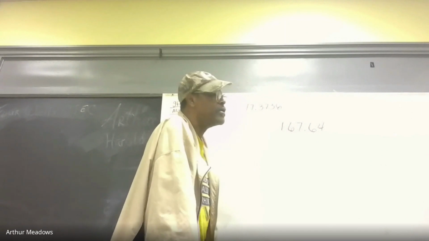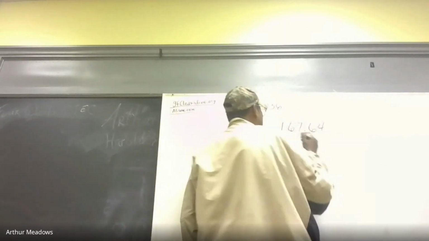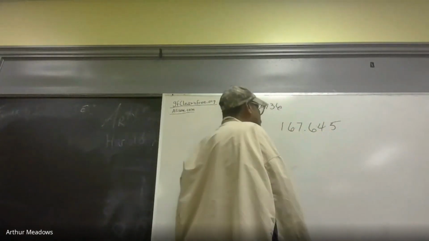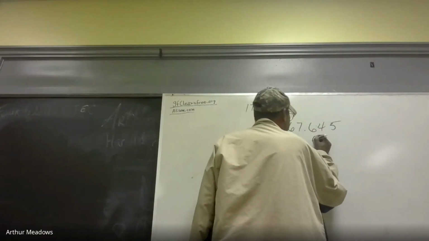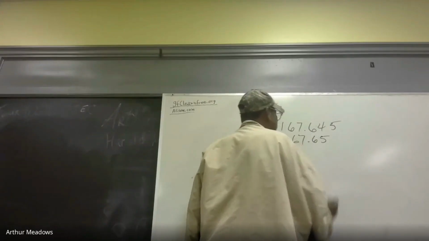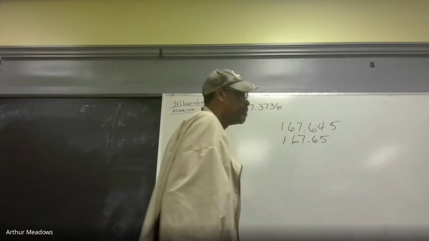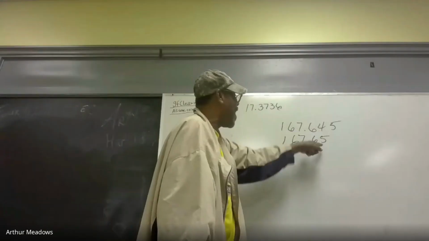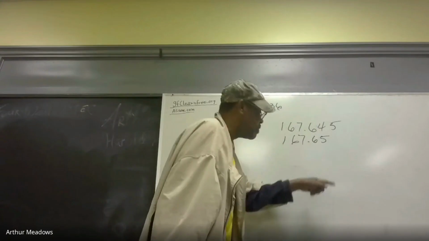You just told me that was correct. It's not another number. How are you going to round? The only way this is going to change is if this is a 5. Then it'll be 167.65. The 4 is the hundredth place, y'all. So make this a 5.